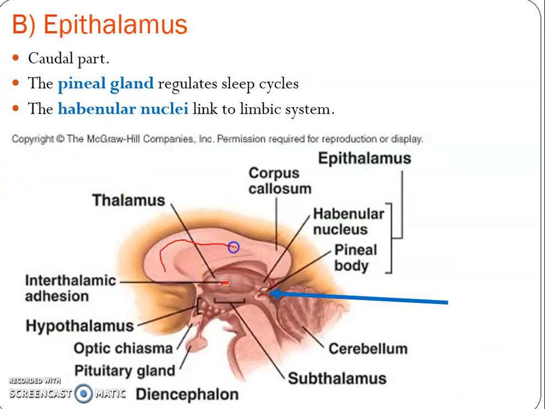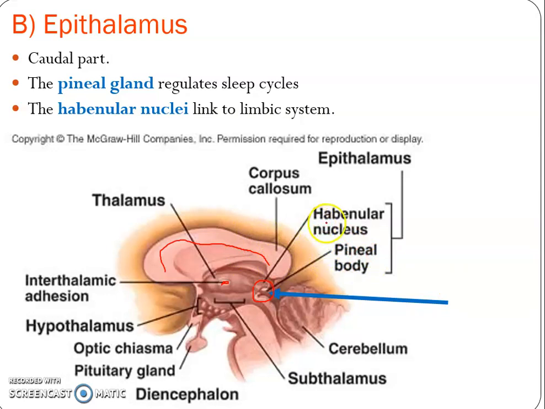Nice, beautiful corpus callosum. The epithalamus is towards the back, which is caudal, and it's made up of two things. This is the pineal gland down here, inferior, and it makes a hormone called melatonin that helps regulate sleep cycles.